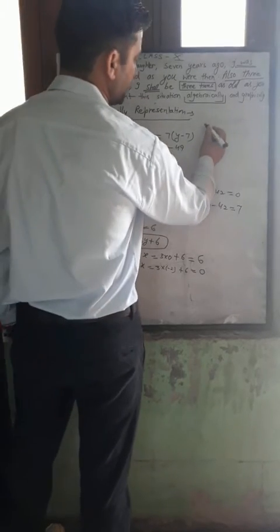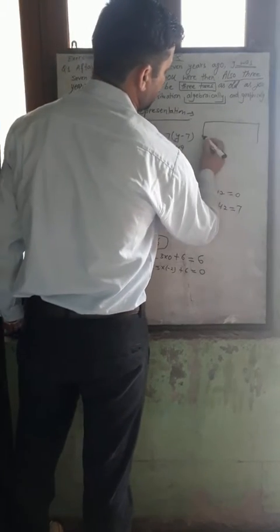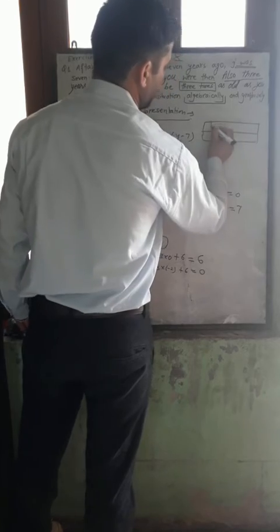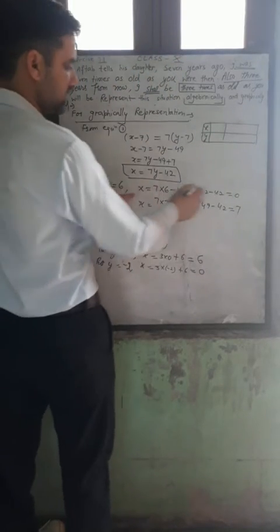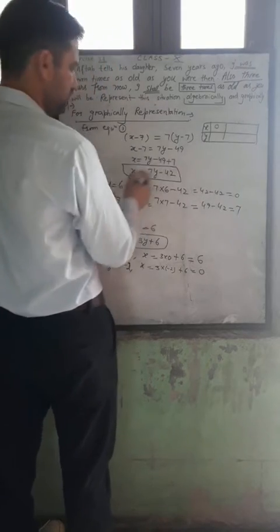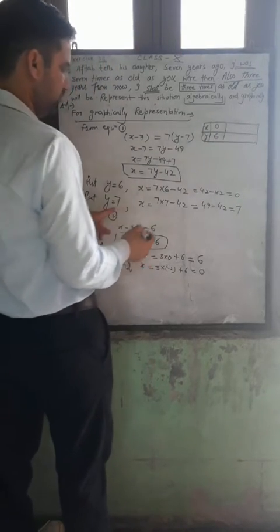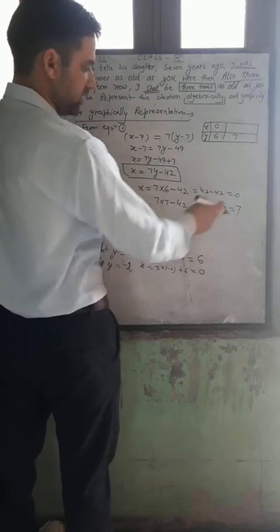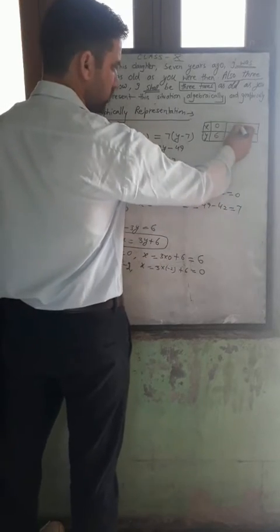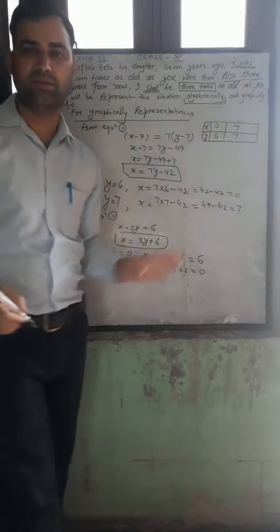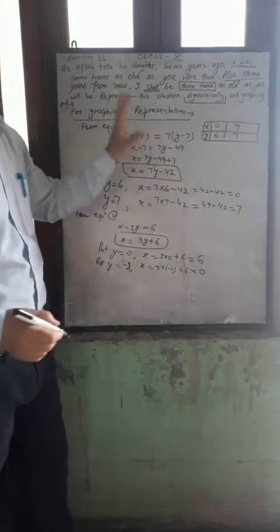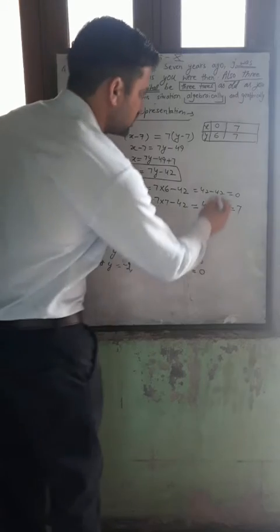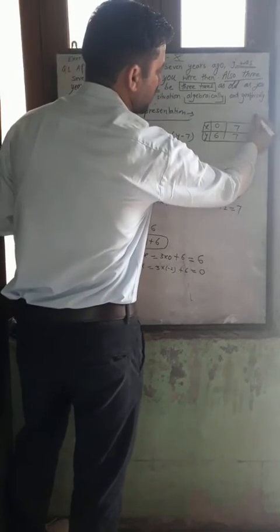Now from there we make a table. From equation 1 we get this table: x, y. When the value of x is 0, then the value of y is 6. When y is 7, then x is also 7. You can find one more value too. Now this is for equation 1.